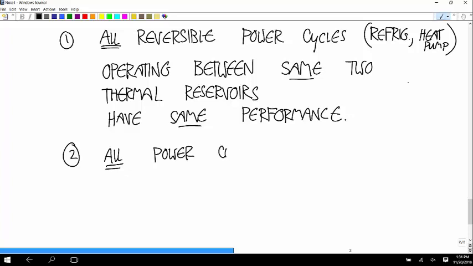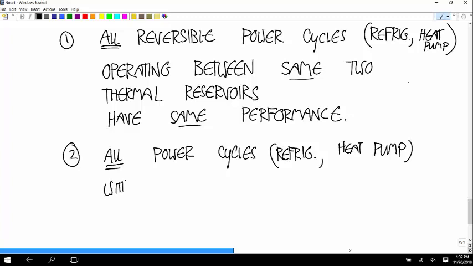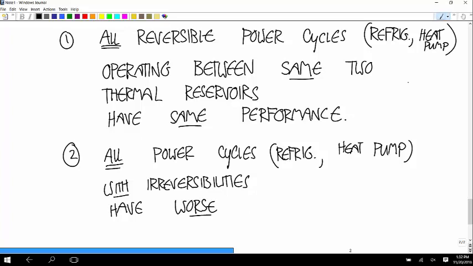All power cycles, and this is also true of refrigeration cycles and heat pump cycles, with irreversibilities have worse performance than all those reversible cycles.